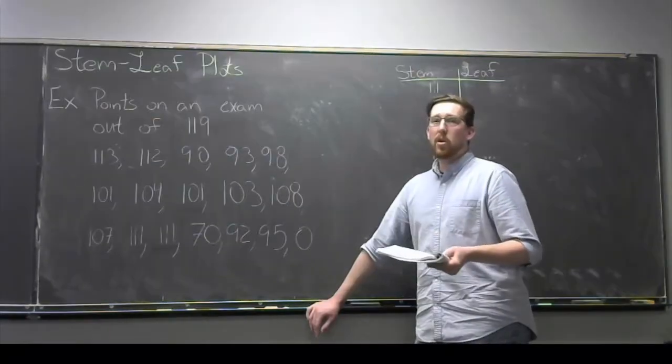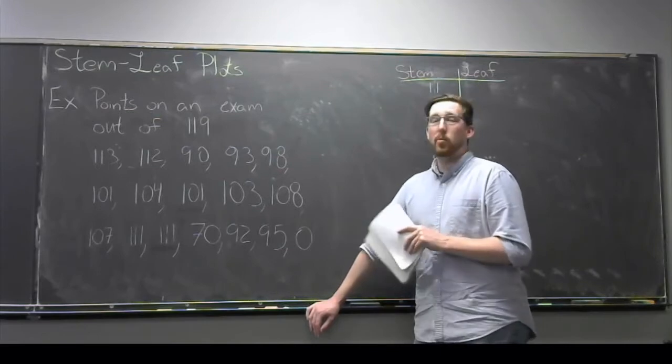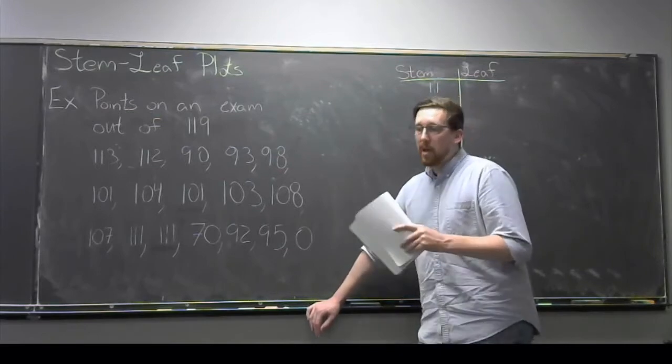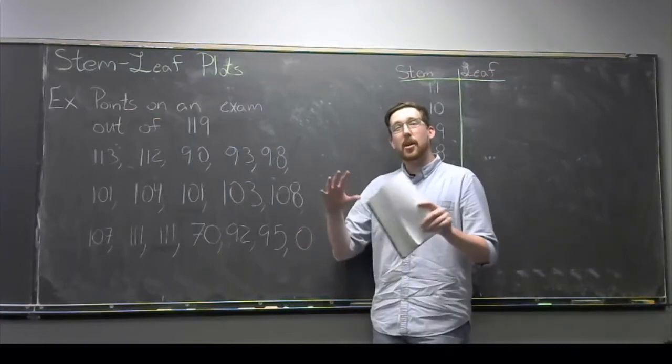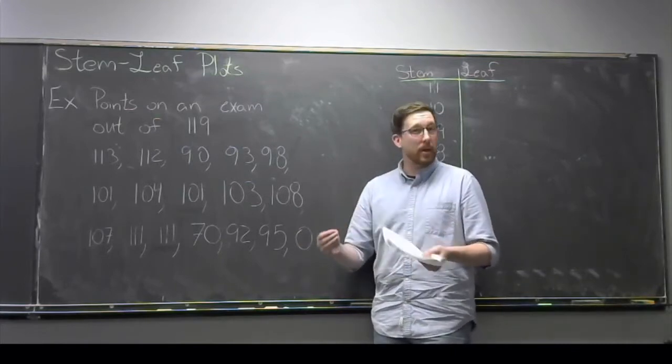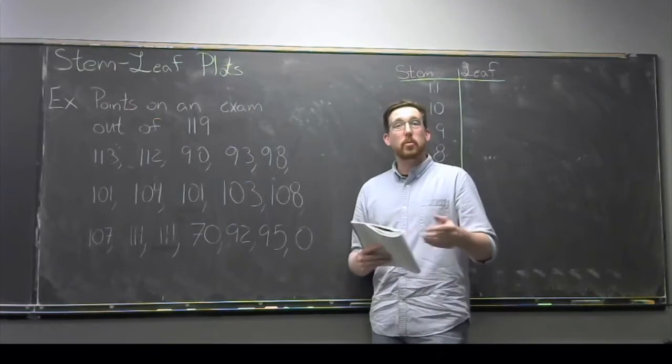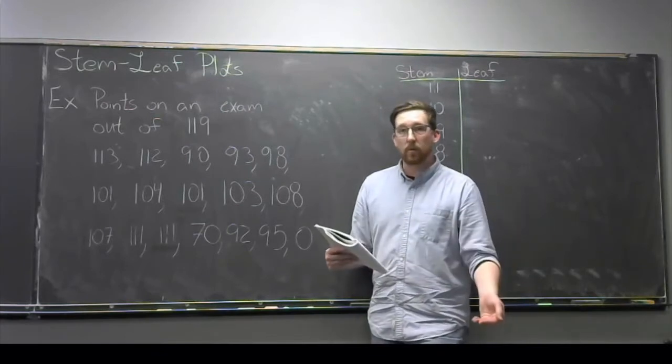At the end of the day, all a stem and leaf plot really is, is a method of organizing data in a way that produces a visual effect similar to a histogram, while simultaneously preserving the data itself.